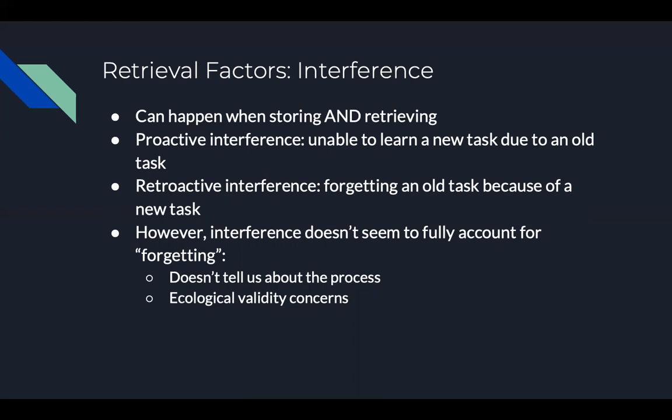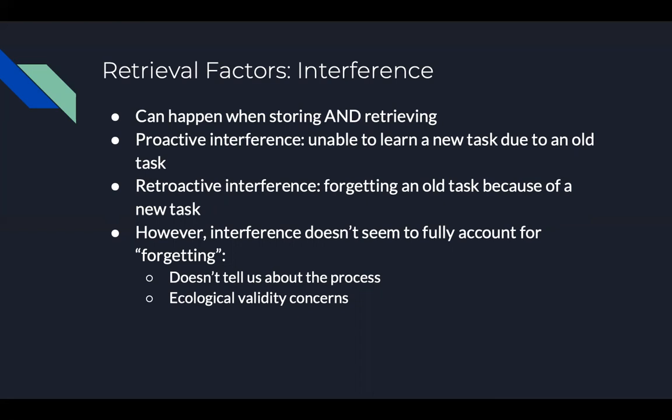Whereas retroactive interference, and again, to help differentiate between these, retro, you can think of backward, occurs when you forget a previously learned task due to the learning of a new task. In other words, later learning interferes with earlier learning, where new memories disrupt old ones.